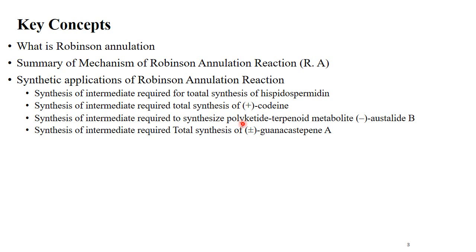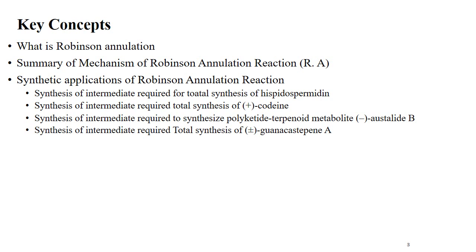In the synthetic applications, we will discuss the synthesis of the intermediate required for the total synthesis of histidospermidine, and then the synthesis of the intermediate required for the total synthesis of codeine, and then the preparation of the intermediate required to synthesize a polyketide terpenoid metabolite, that is acetylide B, and then the synthesis of the intermediate required for the total synthesis of guanacastipine A.